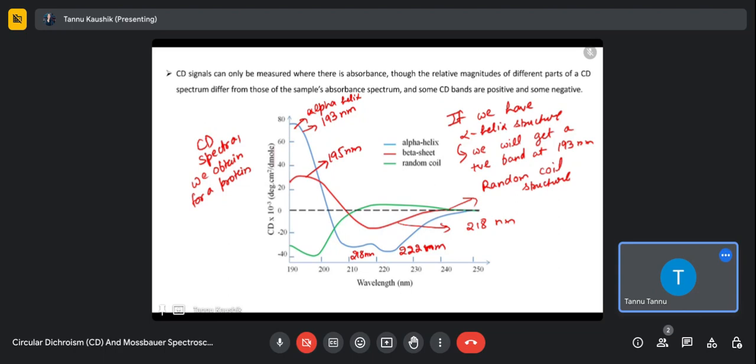For beta sheet, we will get a positive band at 195 nanometer and a broad band in the negative region at 218 nanometer. And for the random coil structure, we will get a negative band in a lower UV region, that is below 200 nanometer, and there will be no positive band.